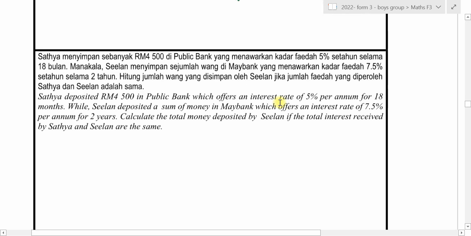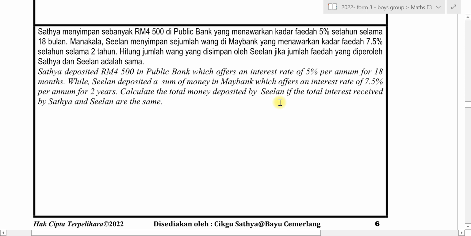Okay, next, making decision. Satya deposits 4,500 in Public Bank, which offers an interest rate of 5% per annum for 18 months. While Seelan deposits a sum of money in Maybank, which offers an interest rate of 7.5% per annum for 2 years. So this is a story about Satya and Seelan saving money in two different banks.